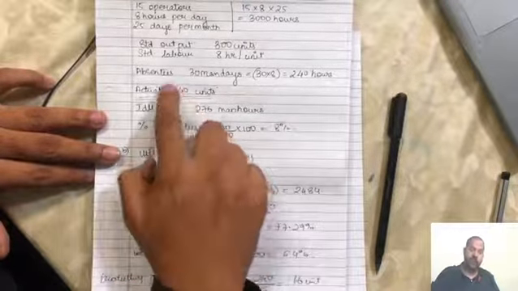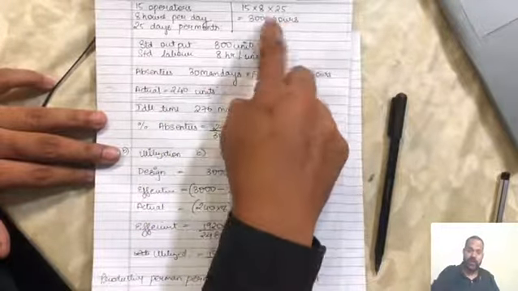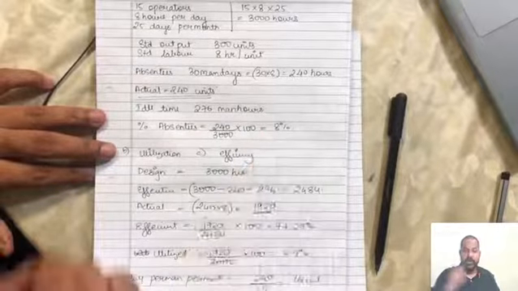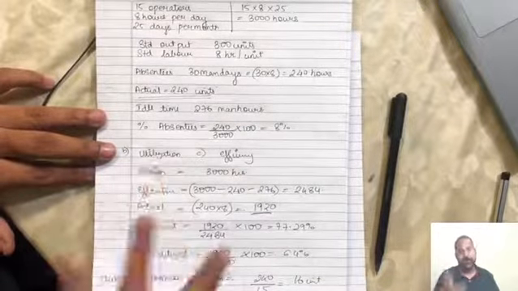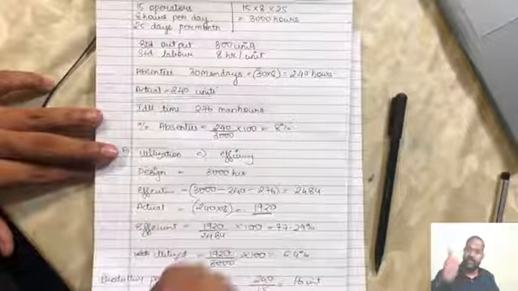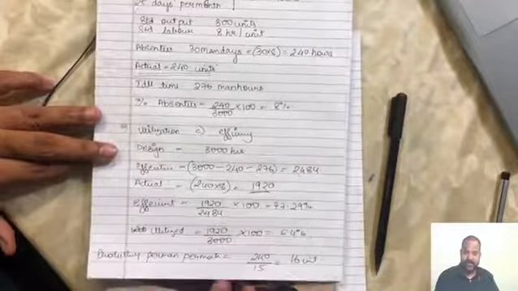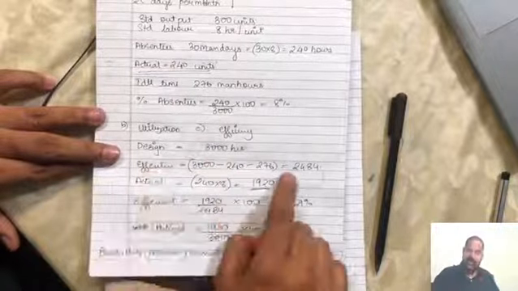Absentees is 240 hours of absentees against the total of 3000, which is 8%. Efficiency of utilization of labor is nothing else but utilization, and productive efficiency is nothing else but efficiency. For this, I need design, effective, actual. Always work this way. Design is 3000 hours. Effective is 2484 hours.